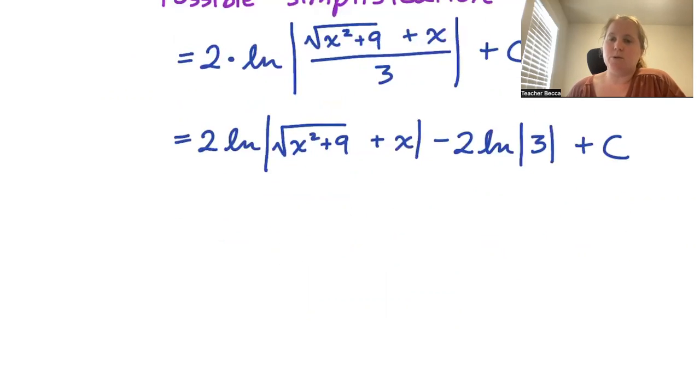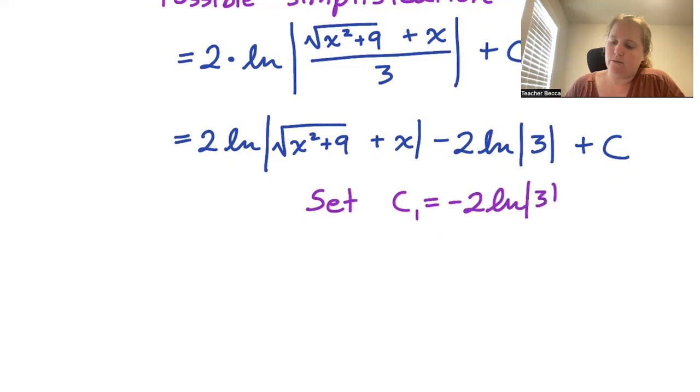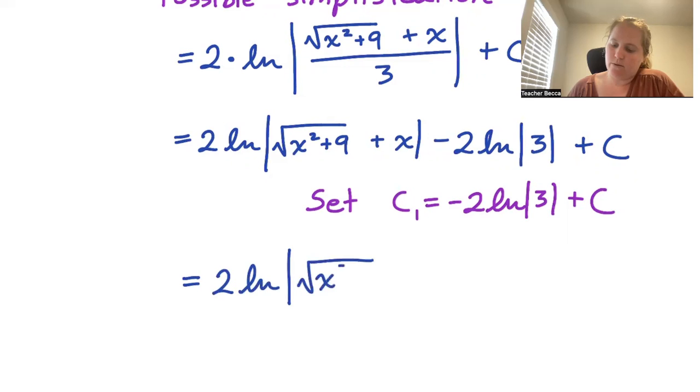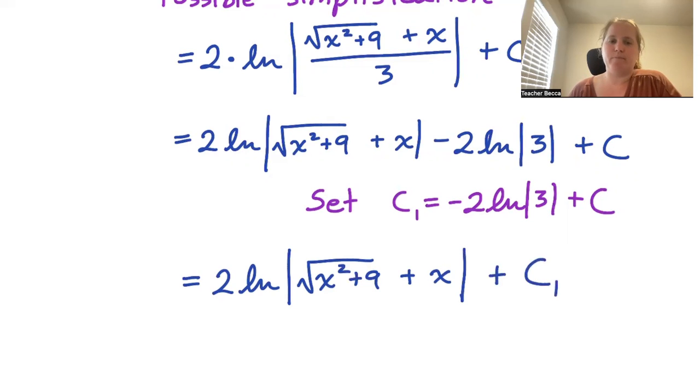Then we can just absorb that minus 2 natural log 3 into our constant. If we set c1 to simply be negative 2 natural log absolute value of 3 plus c, we wind up getting that our integral is equal to 2 times the natural log of the absolute value of the square root of x squared plus 9 plus x, plus c1.